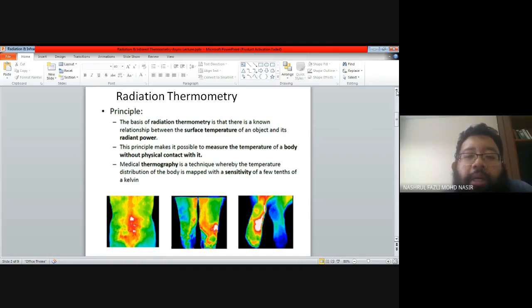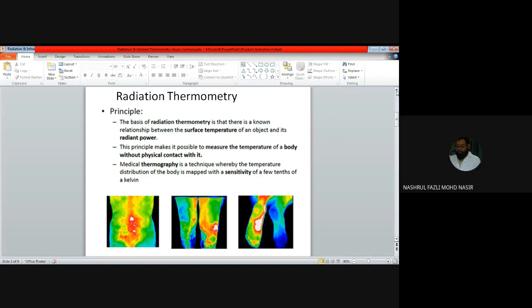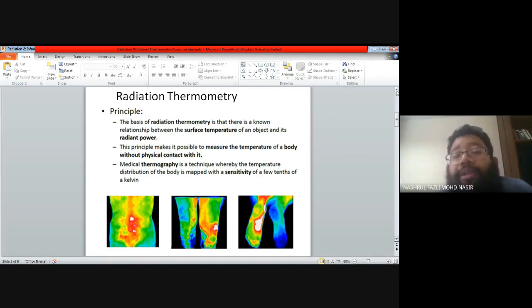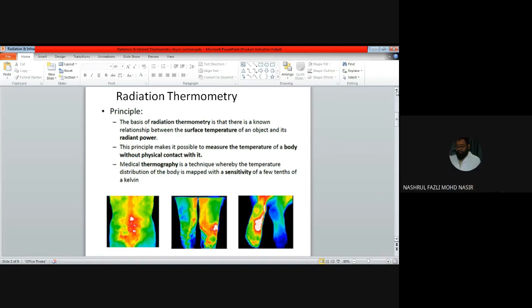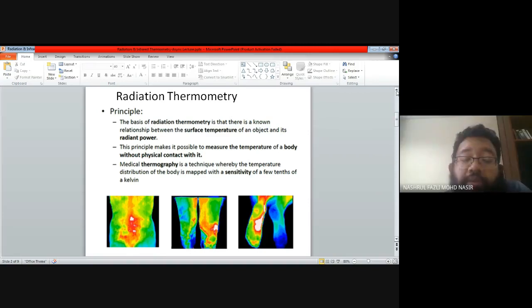There are certain situations where you need to measure temperature contactless. In industry, you may have to measure temperature because of the difficulty of reaching certain surfaces. Maybe the surface is too hot, and in certain applications maybe it is too cold.